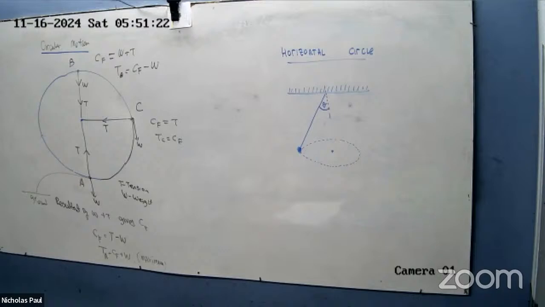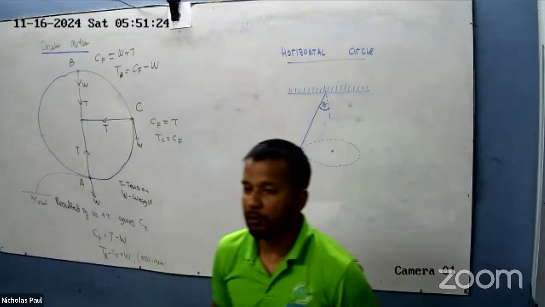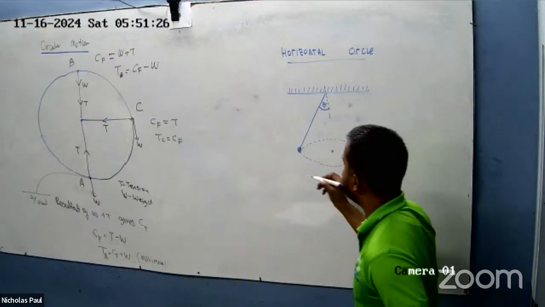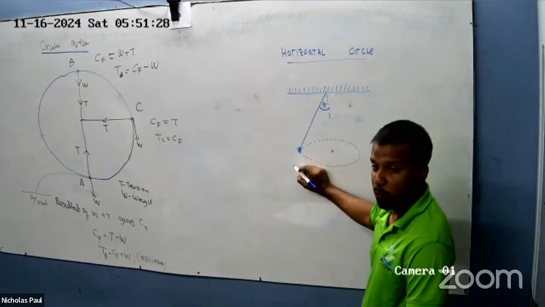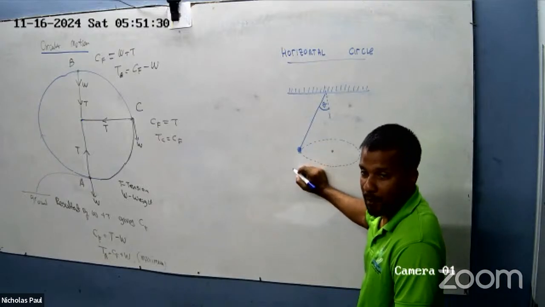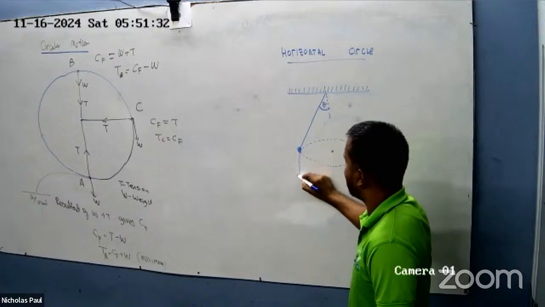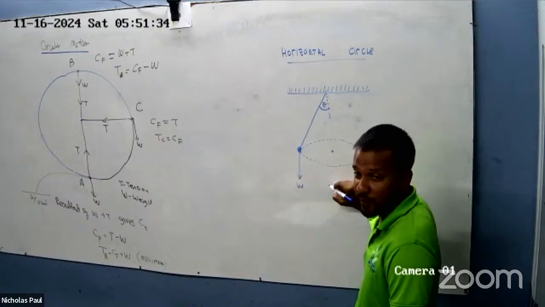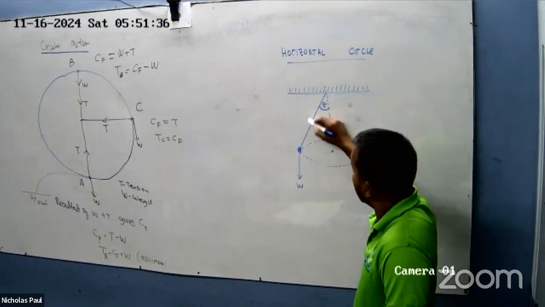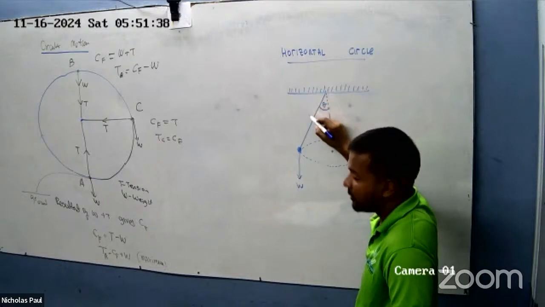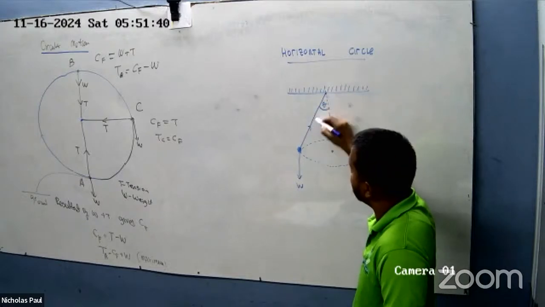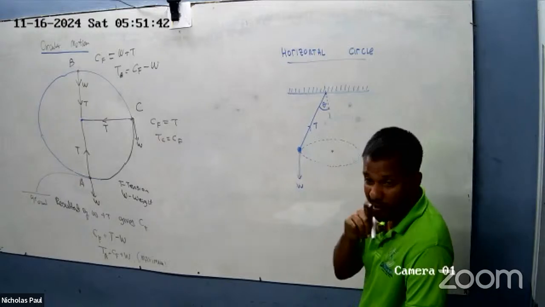All right, so we have here, right, Jacob? The weight is acting vertically downward, and tension is going up here towards the equilibrium, right?